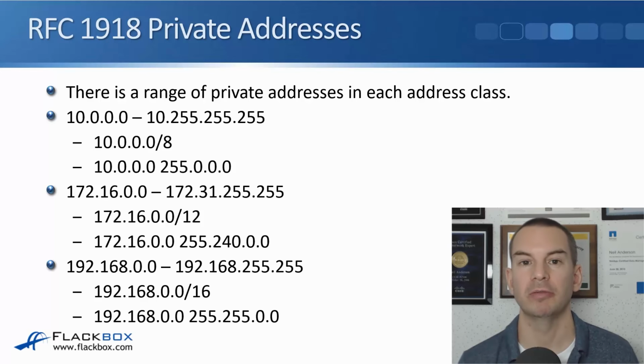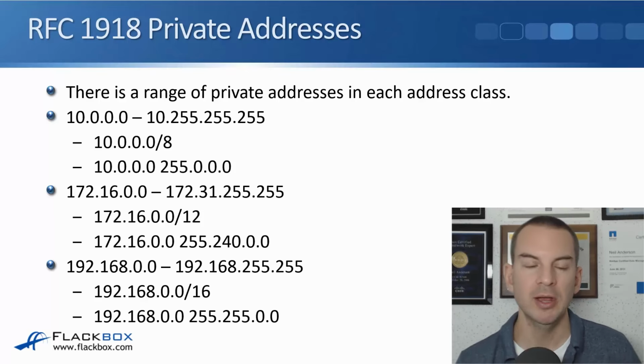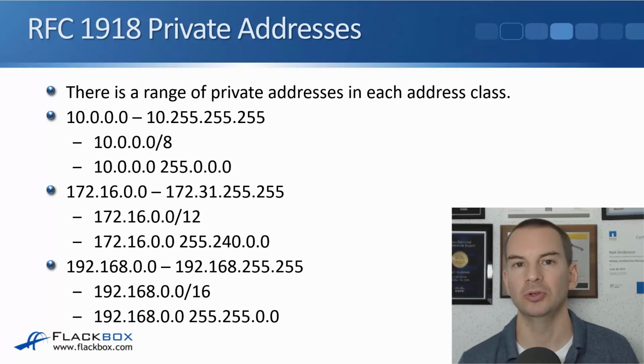That can be written as 172.16.0.0/12. And the range in class C is 192.168.0.0 to 192.168.255.255. That's 192.168.0.0/16.